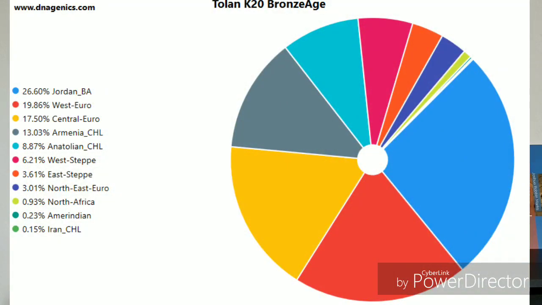Anything around 1% or lower is probably just background noise. And then we have the Tolan K20 Bronze Age, again with the top result from the Levant, Jordan Bronze Age. Jordan was Greater Israel. That's where the Judeans were living. That's where a lot of the Bible is from. The Hebrew Bible took place in what is now considered modern-day Jordan.